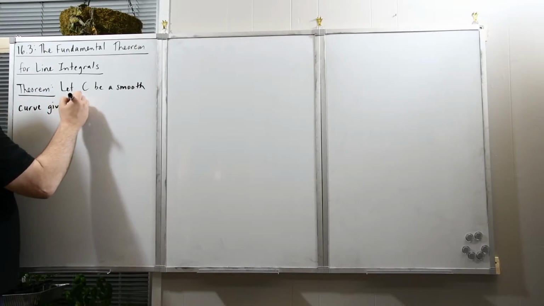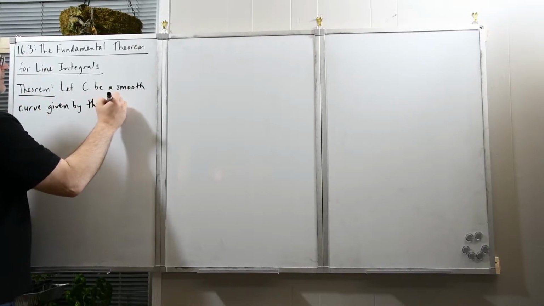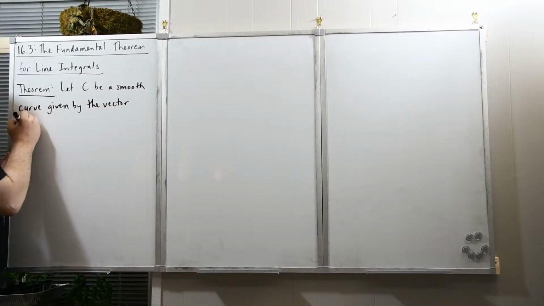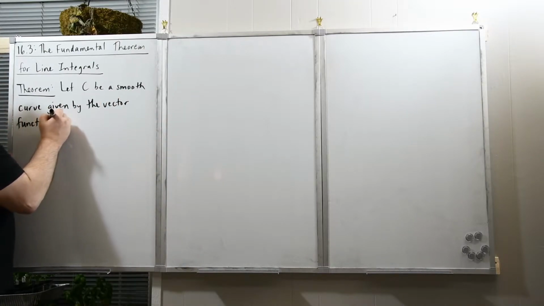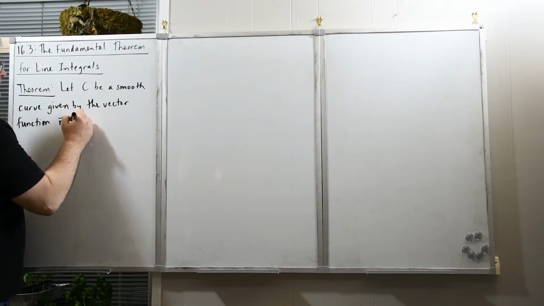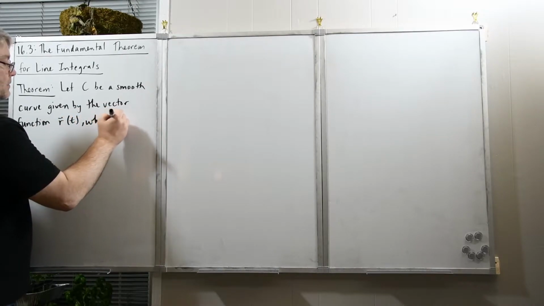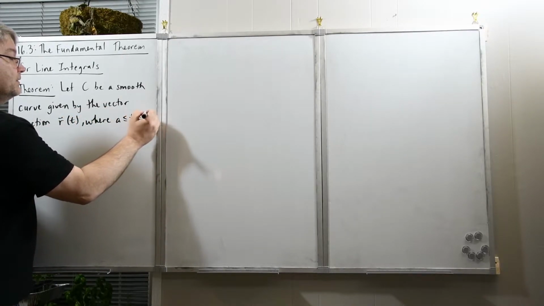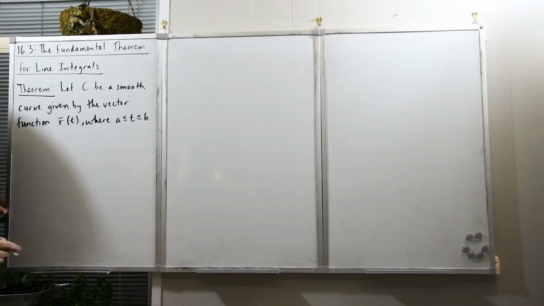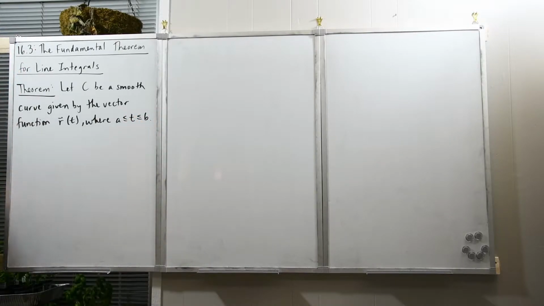That's going to be given by the vector function R of t, where t ranges from A to B. And then we're going to let f be a differentiable function of 2 or 3 variables.